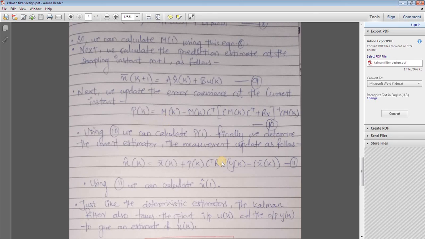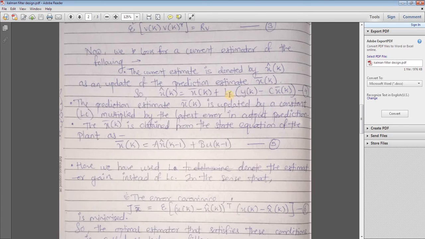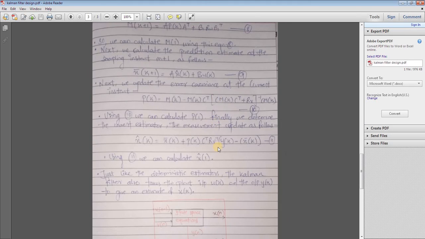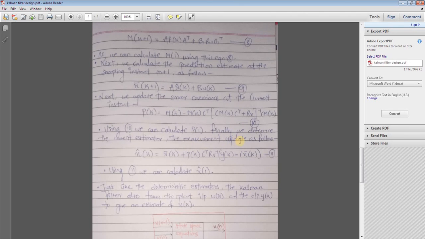Here we can see that we have used P of k C transpose R_v inverse in place of L. There was L earlier and now we have used this expression. So for this term LC, we have used P of k C transpose R_v inverse, because these both are equal, that's why we have interchanged the equations.